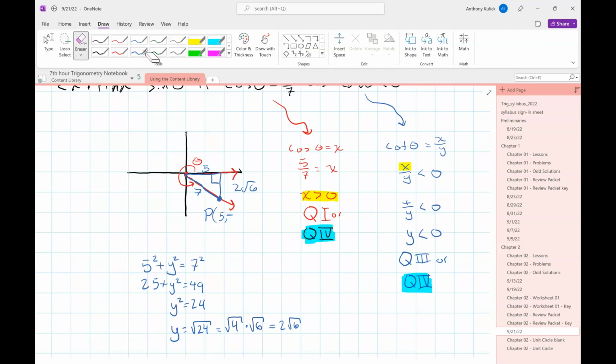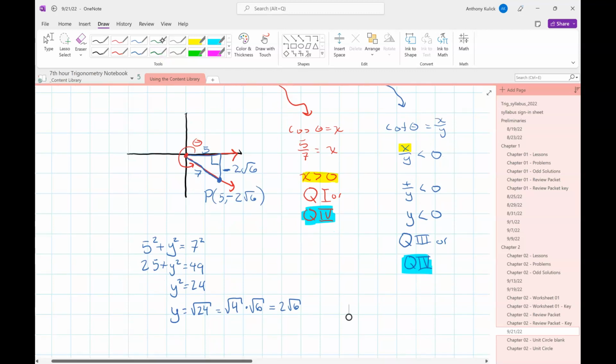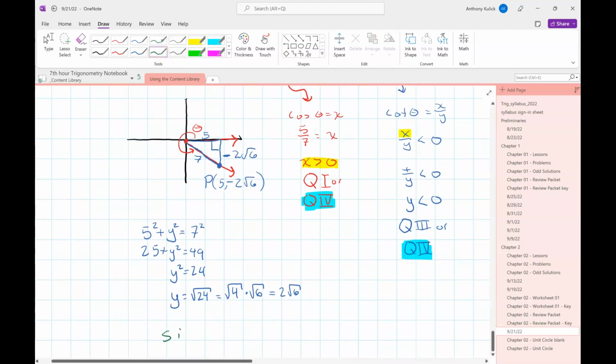But this is the y coordinate in the 4th quadrant, so I know it must be negative. But now I have all the information I need. So I know sine of theta is y over r. So the y in this case was negative 2 root 6, and the r was 7. So I am done.